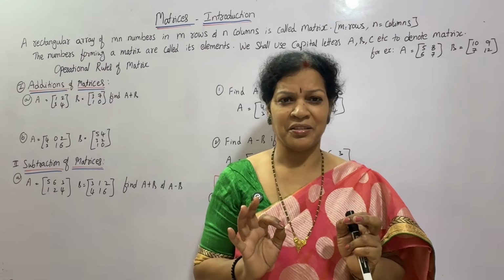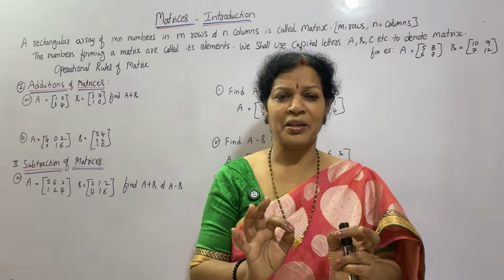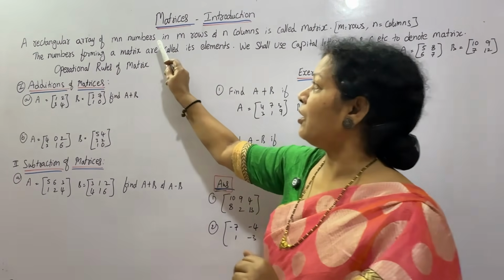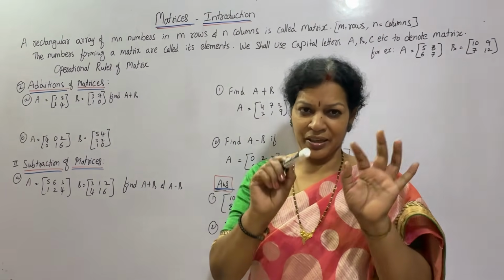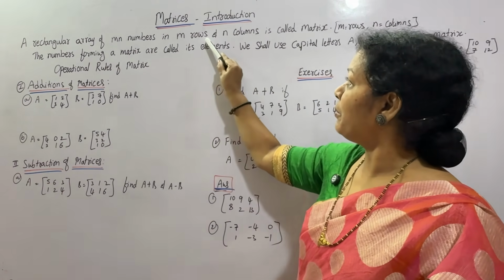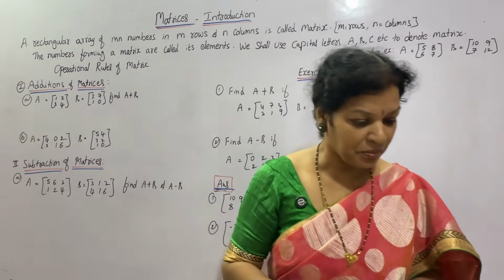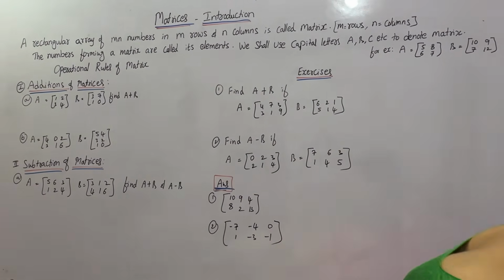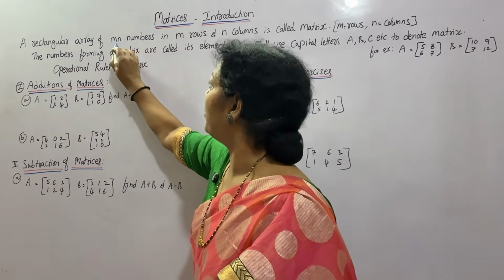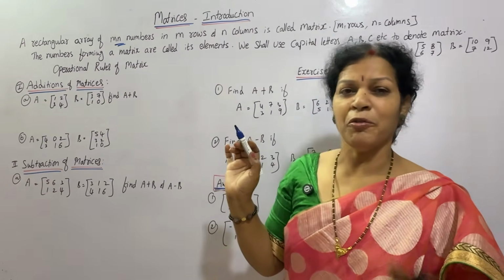What is a matrix? In a simple way, we can define it like this: a rectangular array of mn numbers in m rows and n columns. What is this m? What is this n?